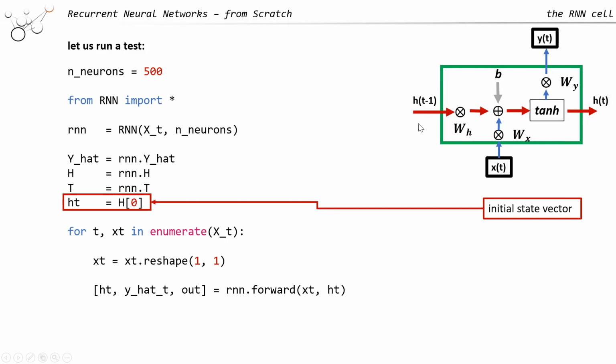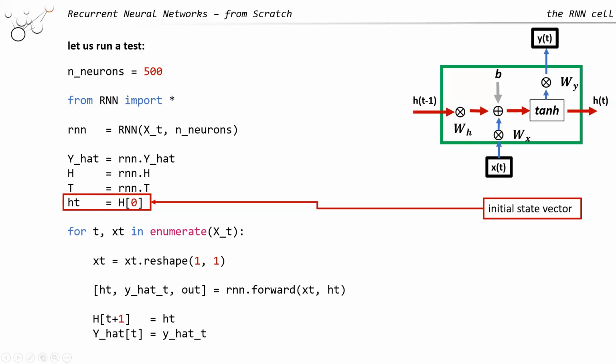And that will be the input of the cell for the next time point. So that's the reason why we want to overwrite ht. So we want to apply it recursively. And we also want to keep track of the state vectors. We want to monitor how they change, and also we want to keep track of y hat. Of course, that will be, first of all, nonsense because we haven't trained the network yet. However, that's the structure we need. So we just call the forward method recursively by overwriting ht, but by feeding in always the current xt.